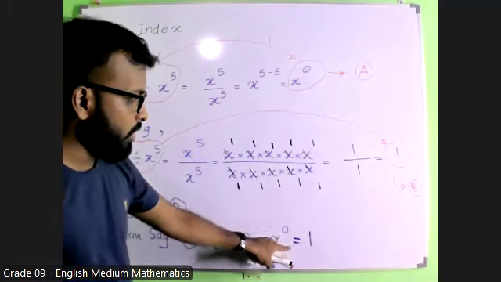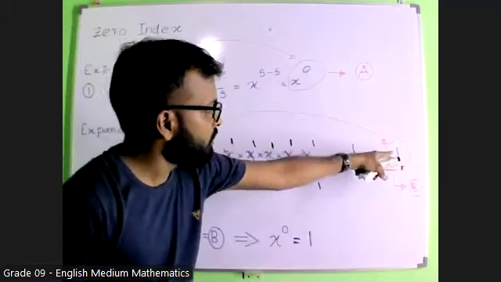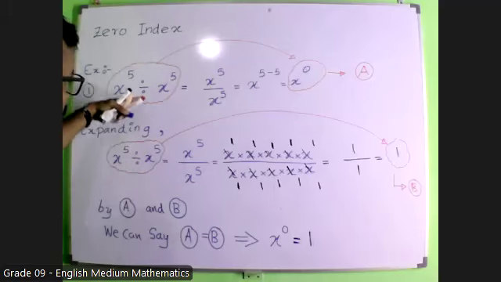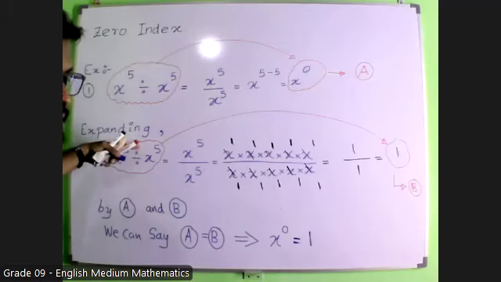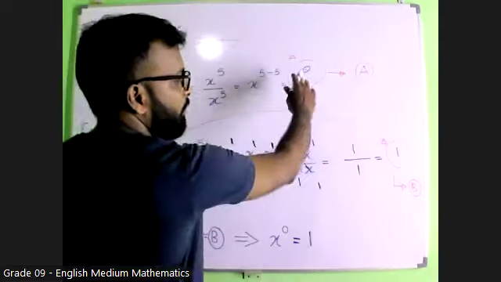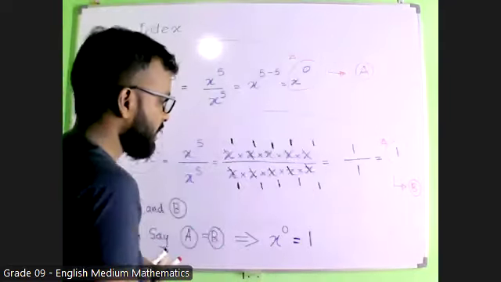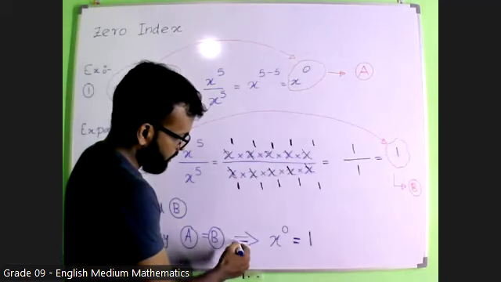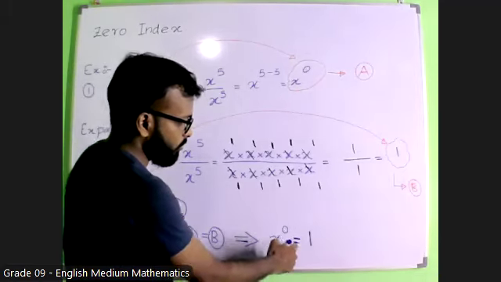Because our left hand side always equals, the right hand side becomes automatically equal. Axioms. So x to the power 0 equals 1.